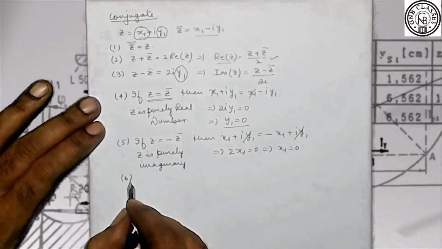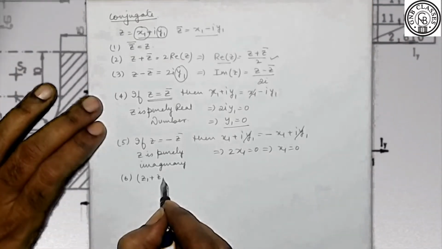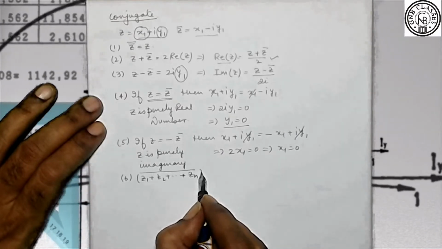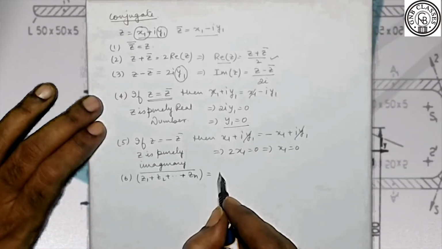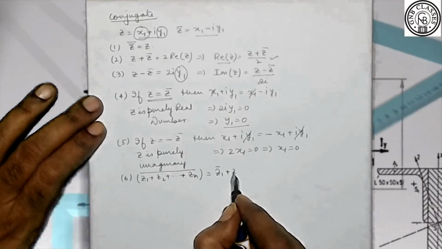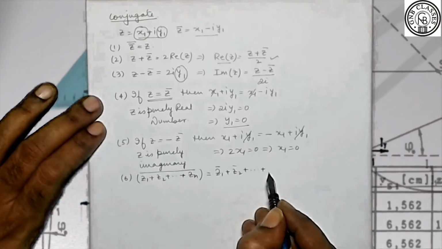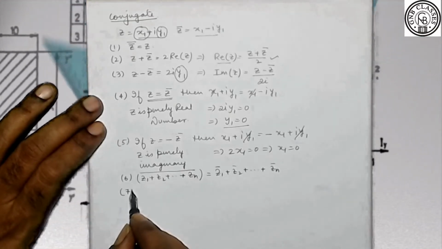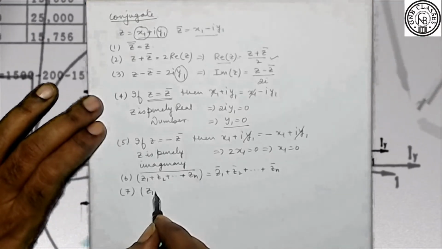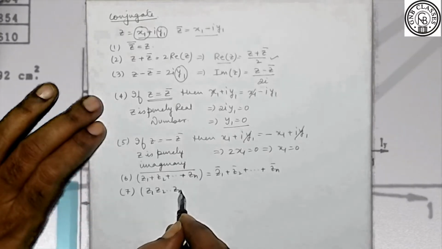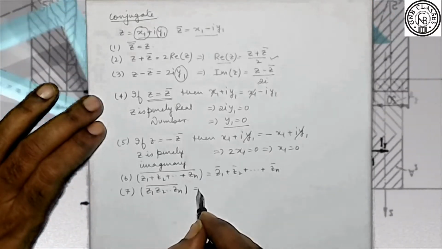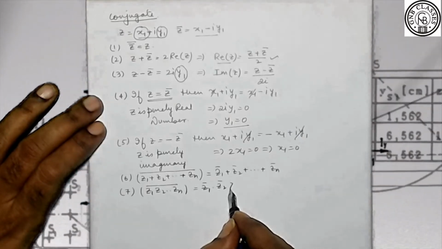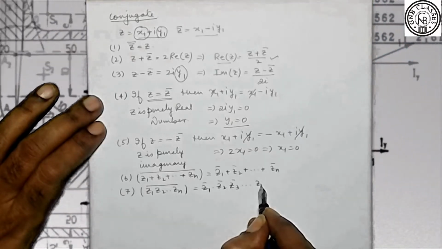Number 6. The conjugate of z1 plus z2 plus dot dot zn is the same as z1 bar plus z2 bar plus it goes on to zn bar. Okay. Number 7. This is also true for multiplication. The conjugate of z1 z2 zn is the same as z1 bar z2 bar z3 bar zn bar.